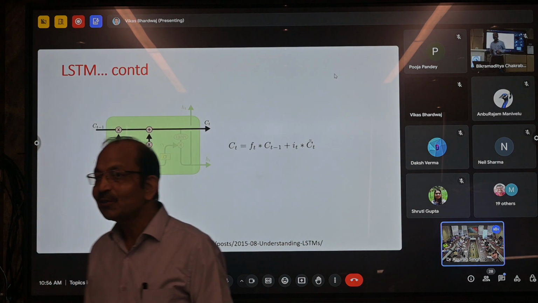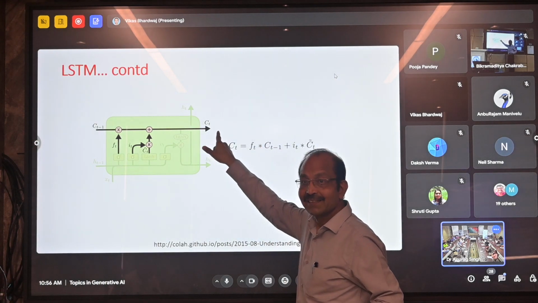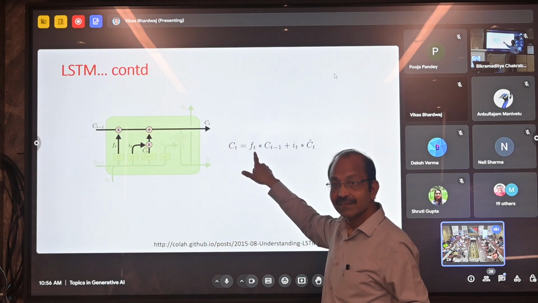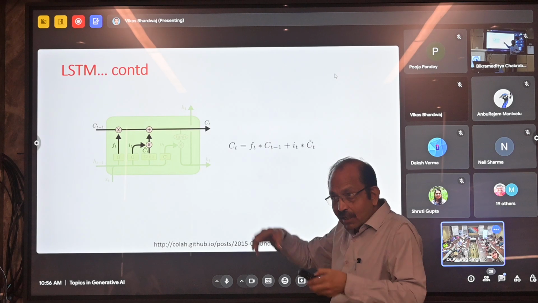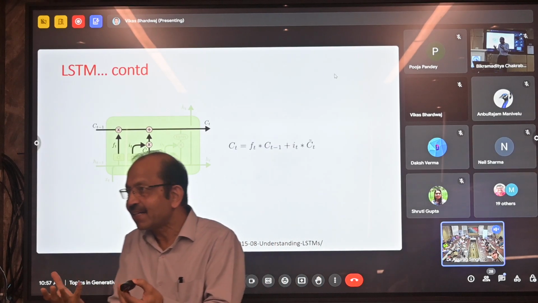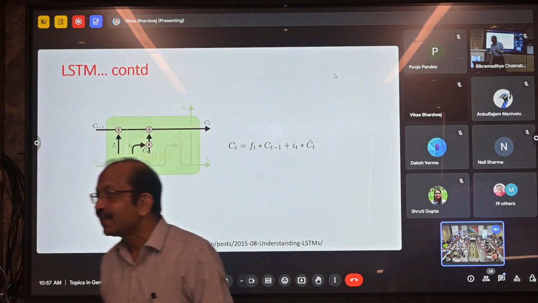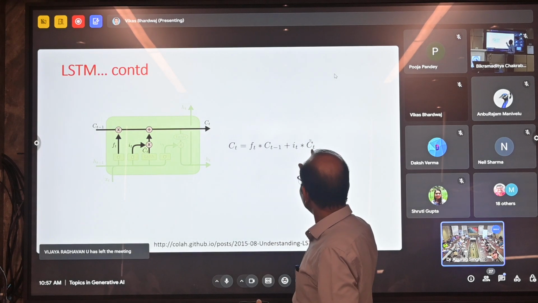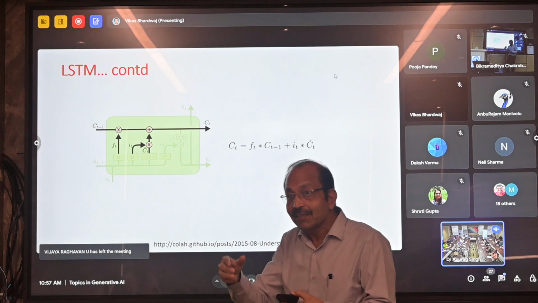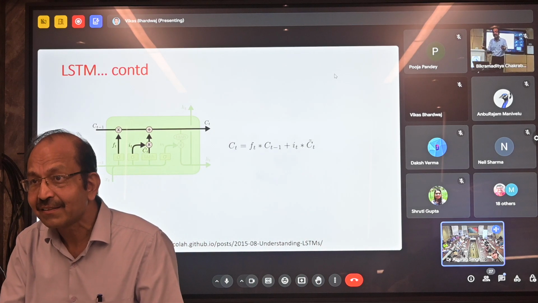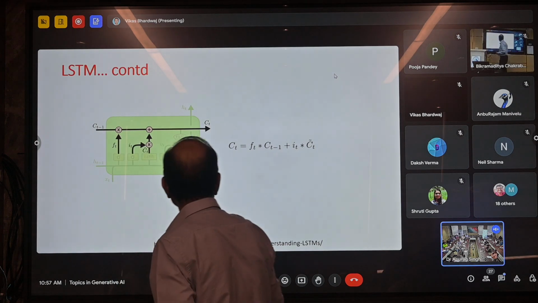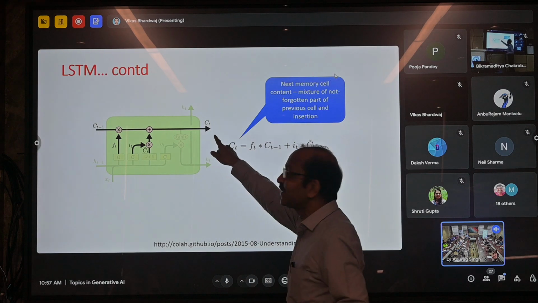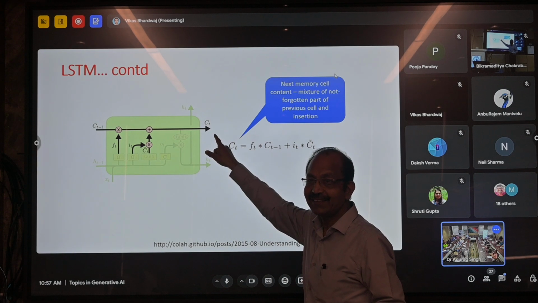Then you compute the new content. The new content depends upon the old content, which is controlled by the forgetting part. Out of the content available at t minus 1, which part I need to forget will be taken care of by ft. So ft into ct minus 1. Then you compute ct dash based on the input, what content is relevant and what parts are to be inserted. With that you compute the new content at time t. Is it fine? Okay.